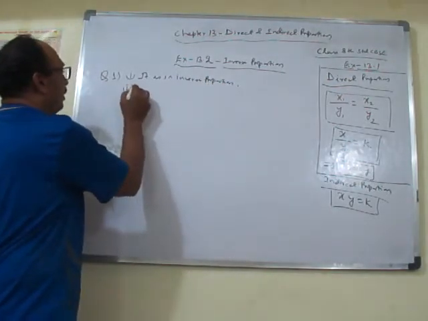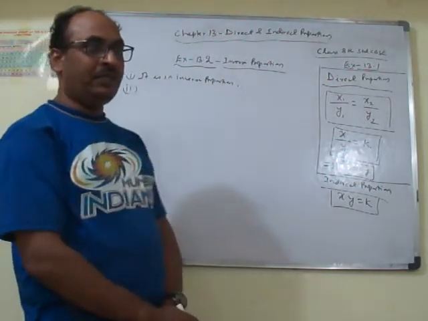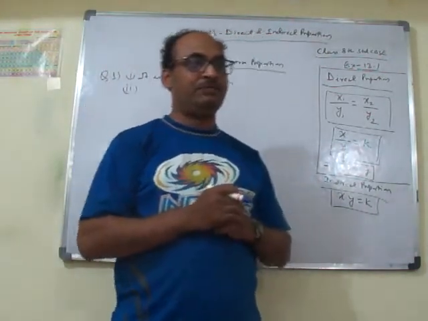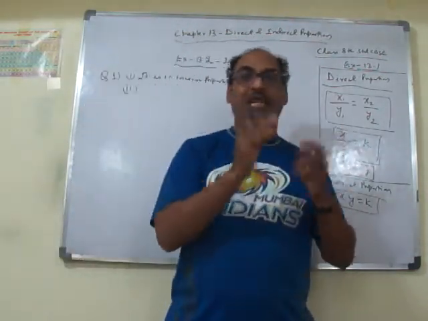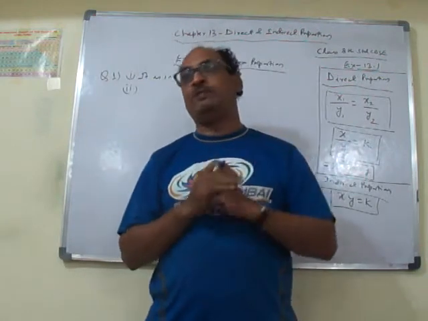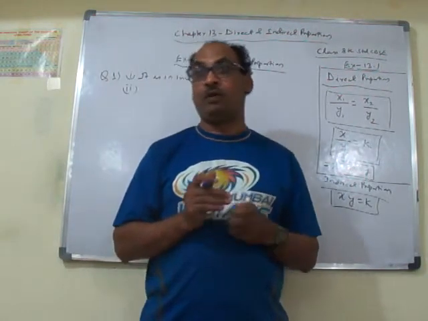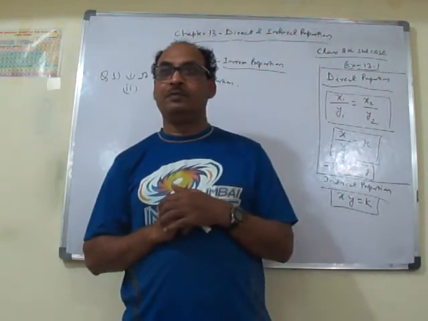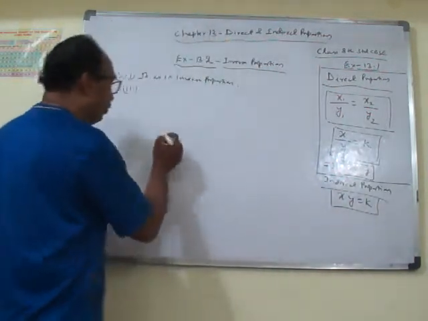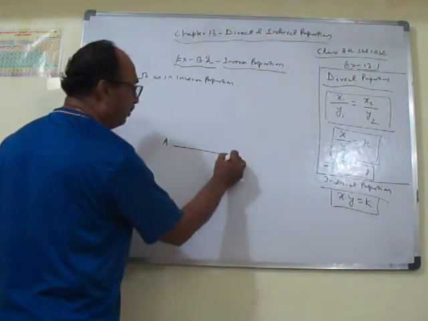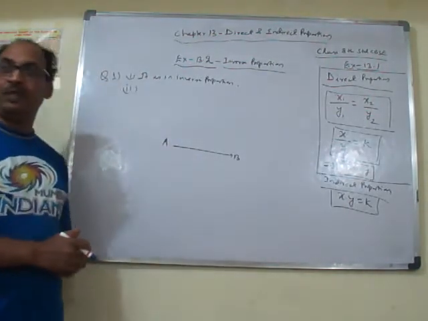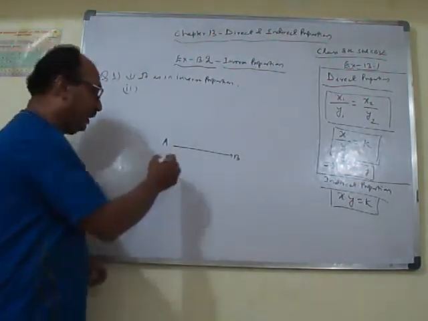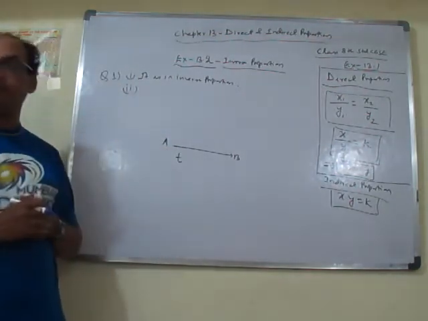Okay. Second one, what is it? The time taken for a journey and the distance travelled in uniform speed. Now here the question is time taken for a journey. Suppose we want to go from A to B, so the time taken for a journey, suppose it is time t.